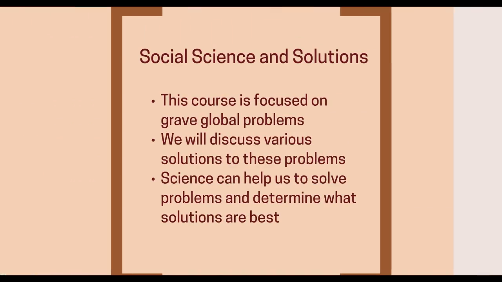Ultimately, this course is going to not only talk about science in this sort of abstract way, but also propose different types of solutions along the entire course. And the reason why I've embedded solutions into a course like this is because it's really focused on fairly grave global problems.